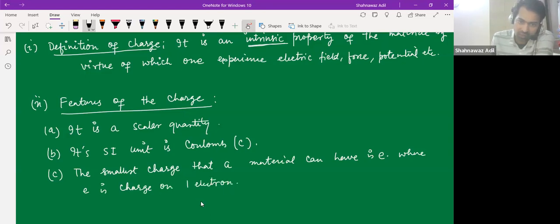Okay, and this 1e is equal to 1.6 times 10 to the power minus 19.